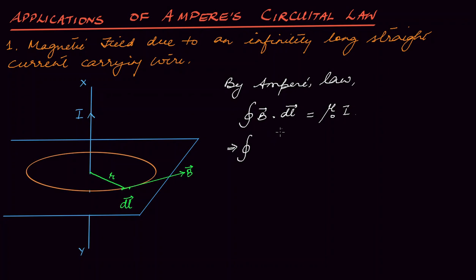We know that it is AB cos theta, so this will be B dl cos theta. What is theta? Theta is the angle between B and dl, and it's very clear in the diagram that dl and B are pointing in the same direction, so the angle between them is 0 degree. So this will be mu naught I.